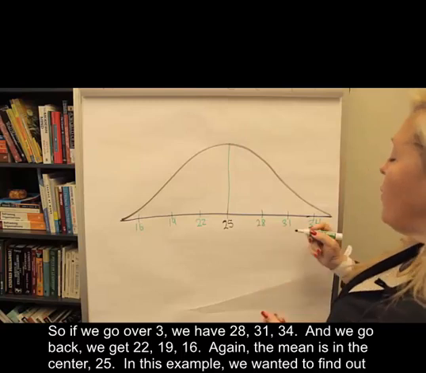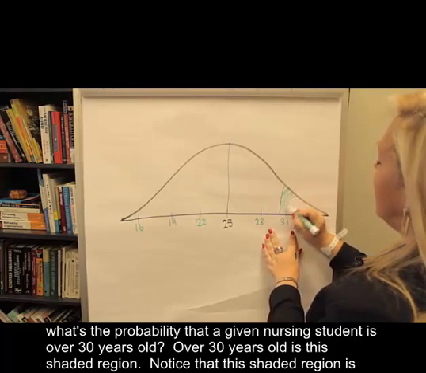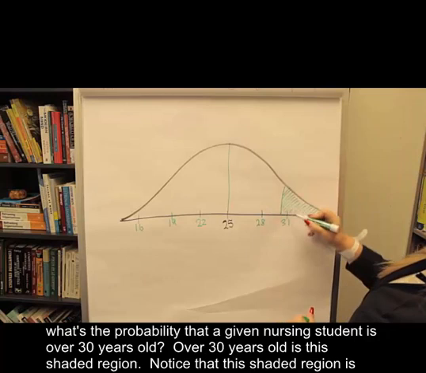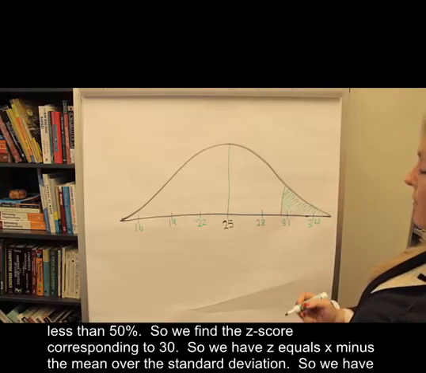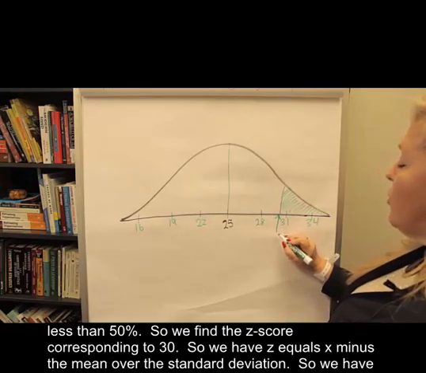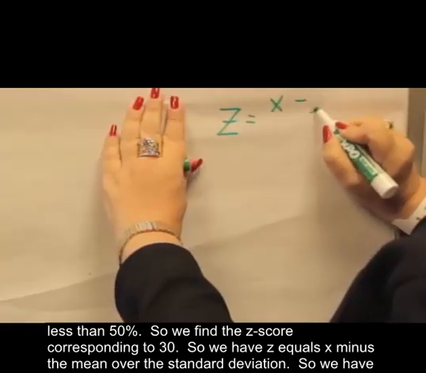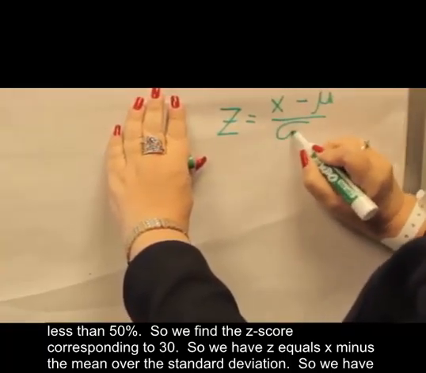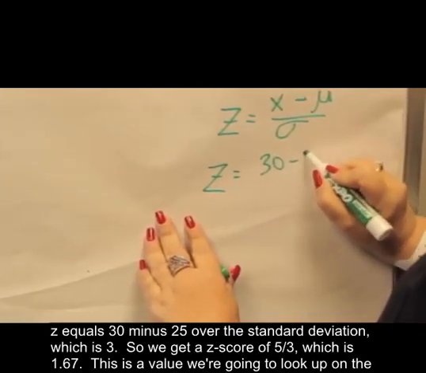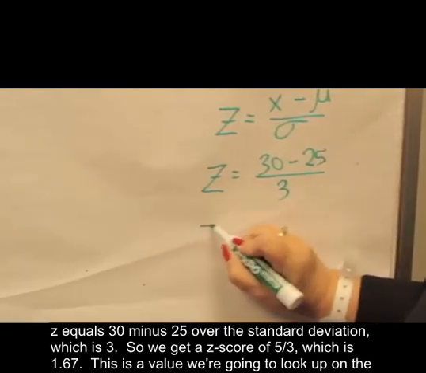In this example, we wanted to find out the probability that a given nursing student is over 30 years old. Over 30 years old is this shaded region. Notice that this shaded region is less than 50%. So we find the z-score corresponding to 30. We have z equals x minus the mean over the standard deviation, so z equals 30 minus 25 over the standard deviation, which is 3.